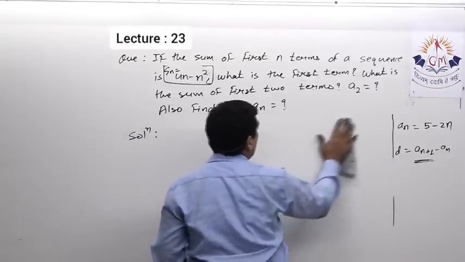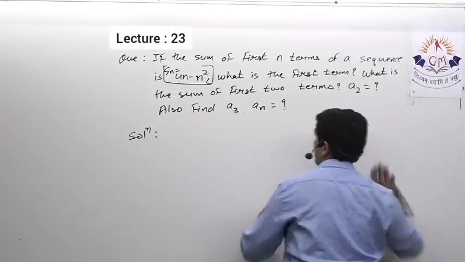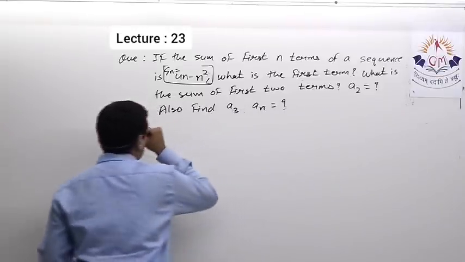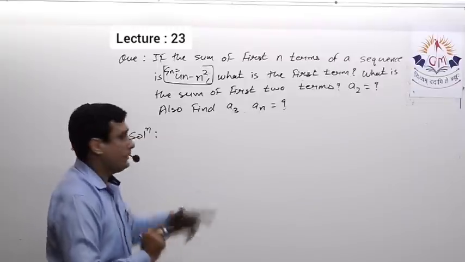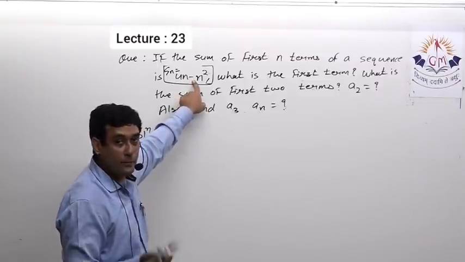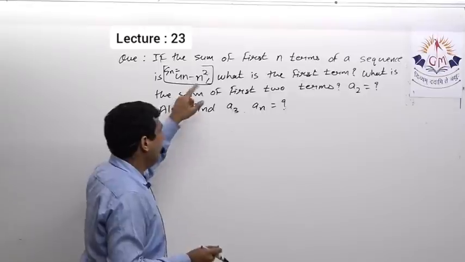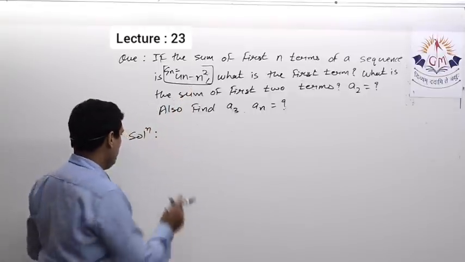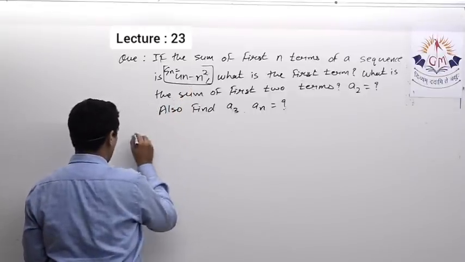Here you can see this S(n) is a quadratic binomial containing no constant, so that always represents an AP.